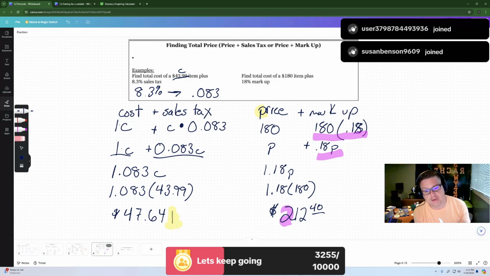So it'd be our 180 plus the markup. And if we just wanted to figure out what the markup was, we could subtract 180 from our 212.40, and whatever's left over, that's what it got marked up with. Because remember, we could take the original price off of it, and what we'll be left with is just the markup. Because it's price plus markup, so if we subtract the price, all we're left with is the markup.